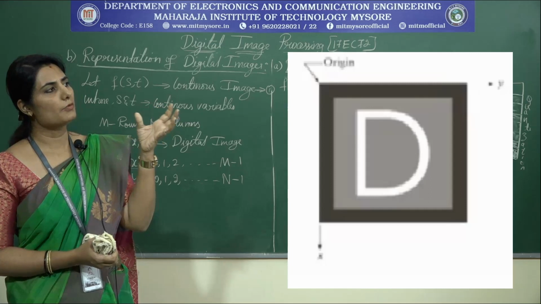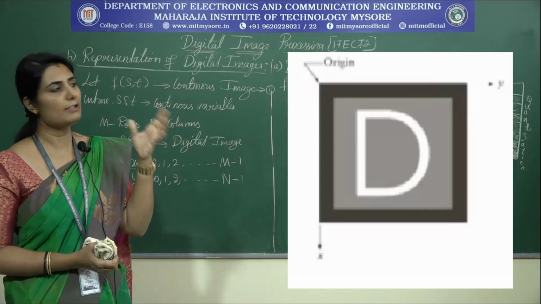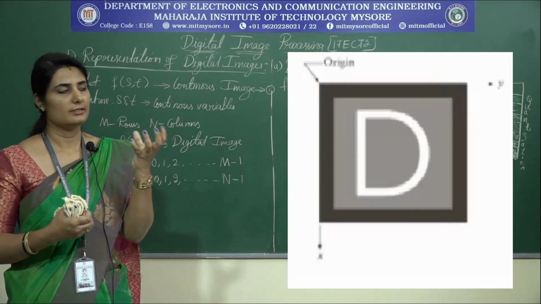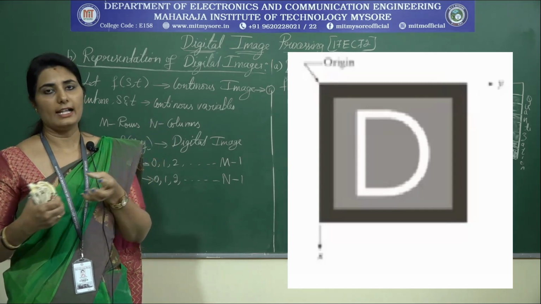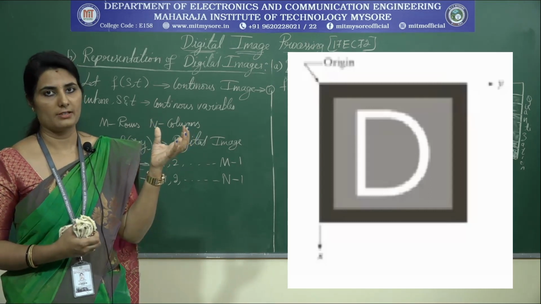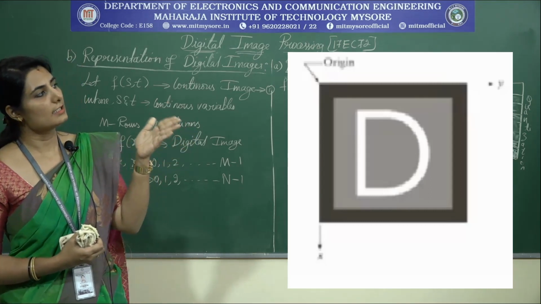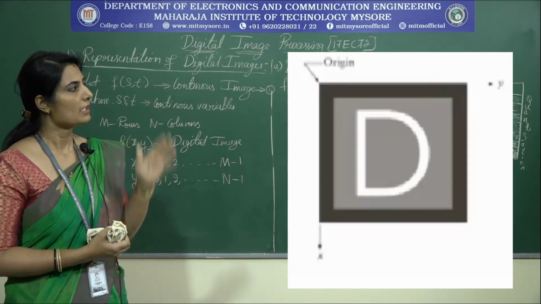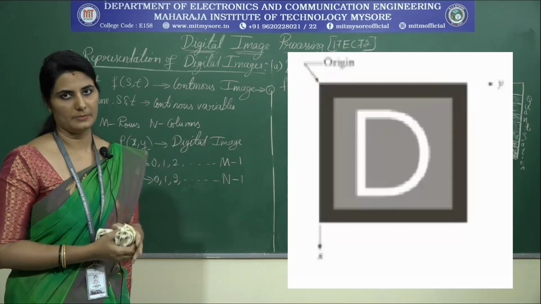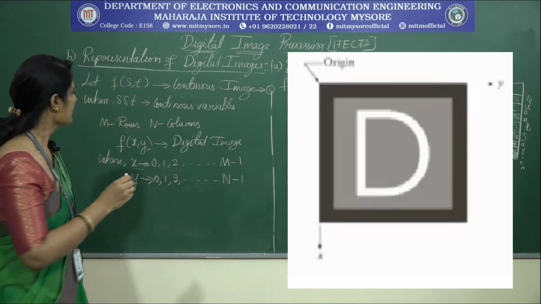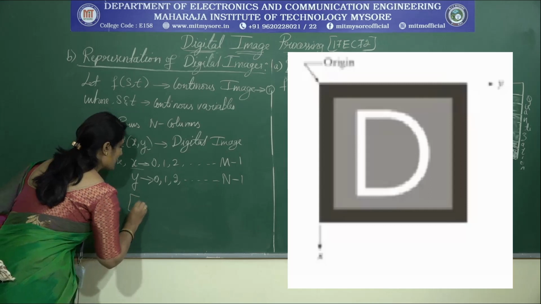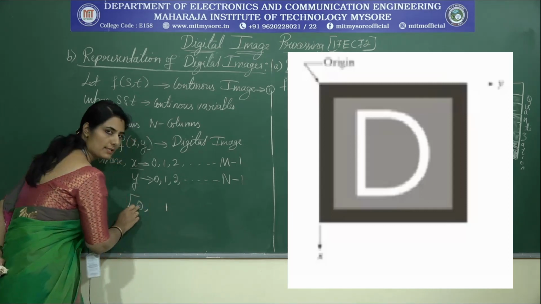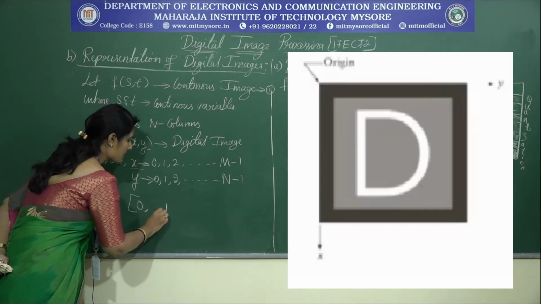Here the f of x comma y values, that is the intensity values, are as they would appear on the monitor of TV screens and as they appear in photographs, right. So this particular image has three discrete intensity levels: white, black and gray. Okay, so here black is represented by 0 and white is represented by 1.